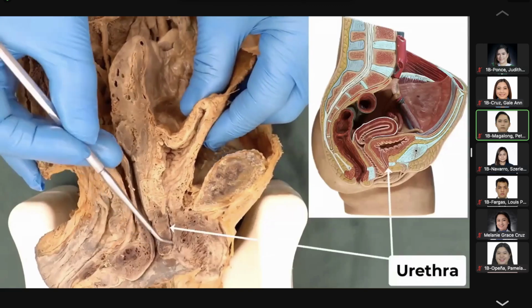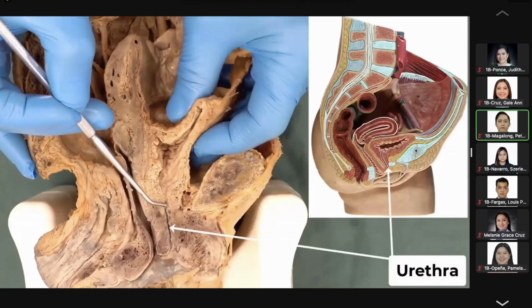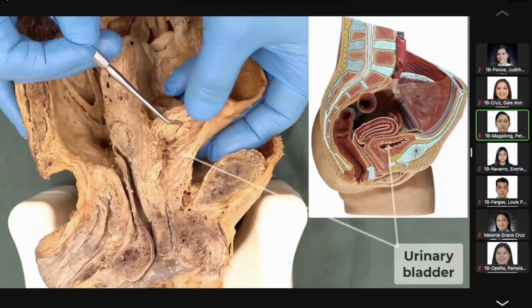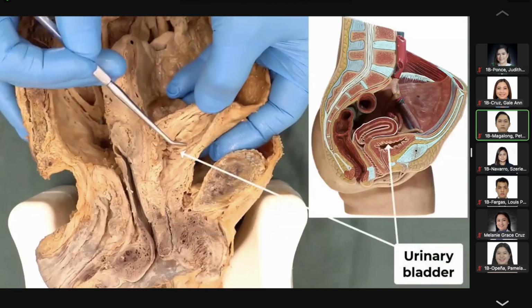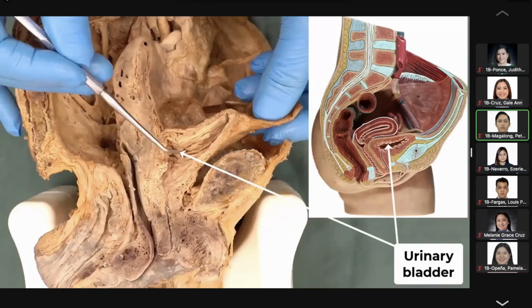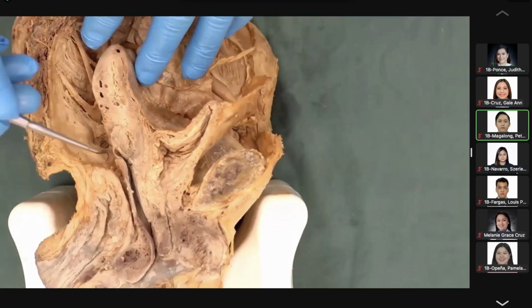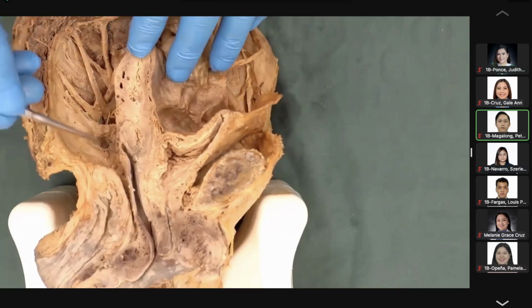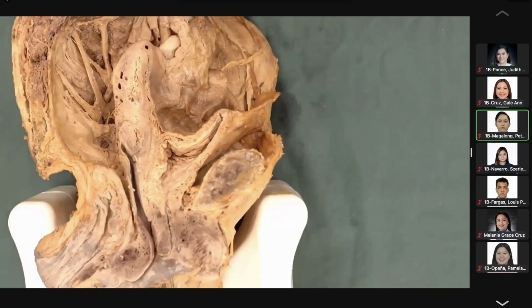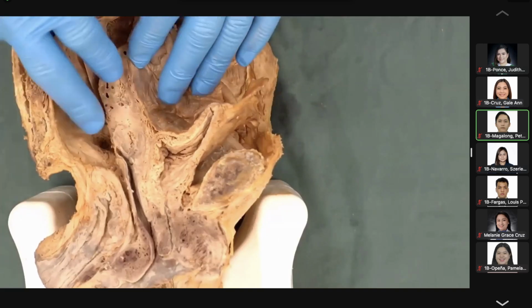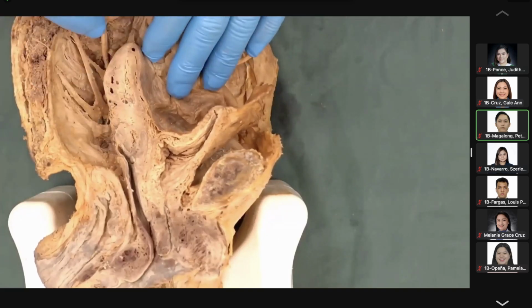Anterior to the vagina, on the bottom part here we have urethra, and urethra ends up into bladder. So that is the bladder cavity. These are the organs in the female pelvis. And of course, the peritoneum on the posterior side as well as the rectum have been removed from the pelvis.